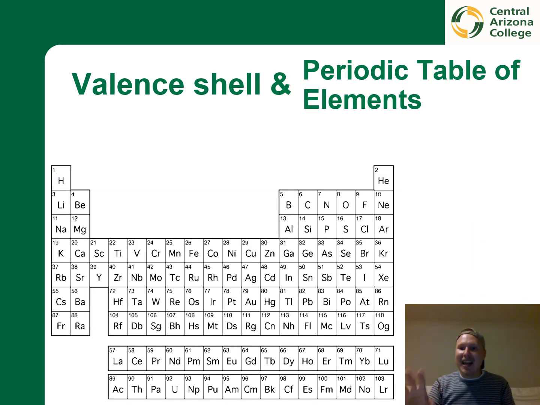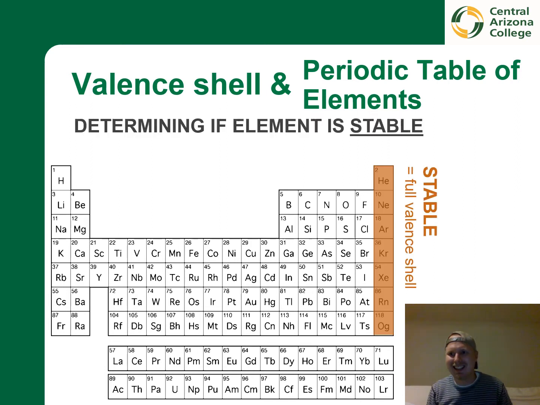And this is where the periodic table of elements becomes super important again. Remember this table, which was organized in a way that just by looking at it, it can tell us if an element is stable or reactive. And that is exactly what we see from there.